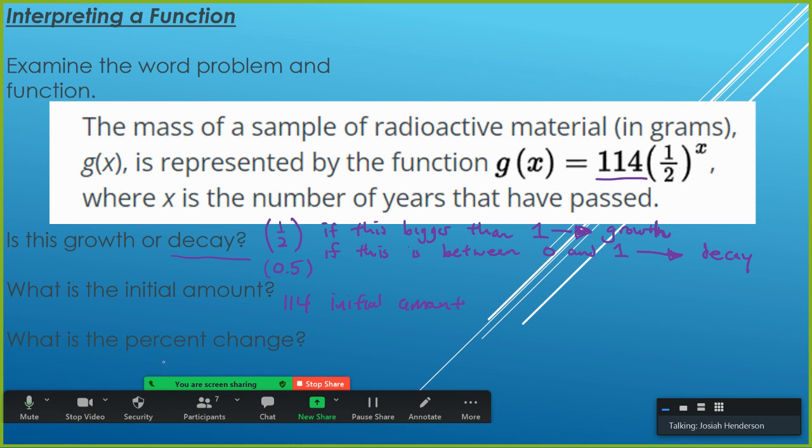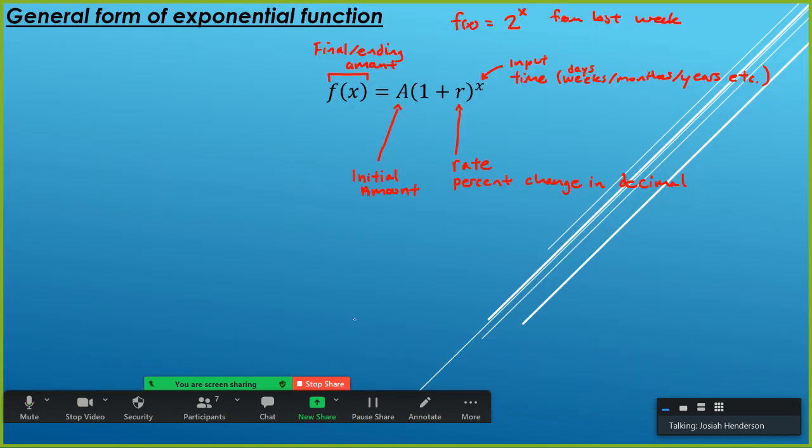And then what is the percent change? This is a little tricky. I'm going to show you how we can figure this out. What does the formula start like without any numbers in it? I'm going to go back to that quick. Here it is. The whole thing is f of x equals a times all that. The percent change is just that part that's 1 plus r.